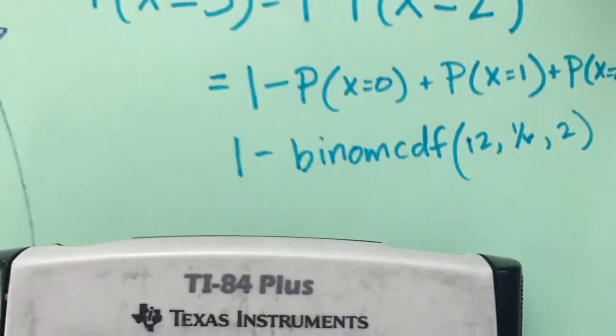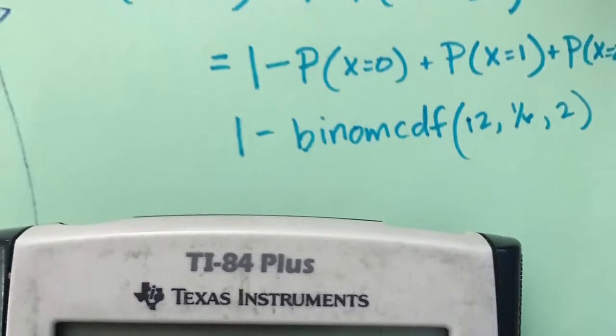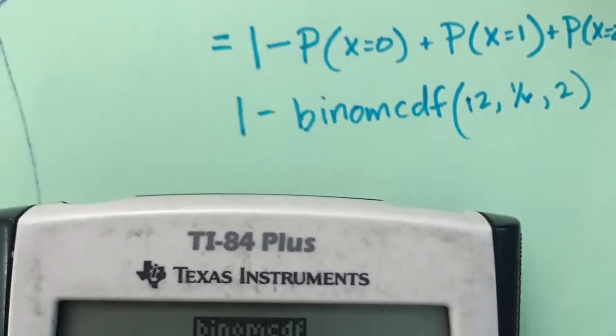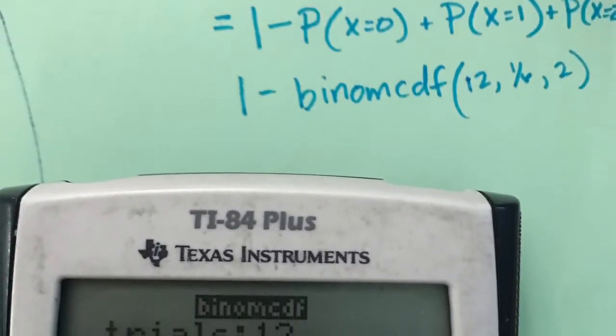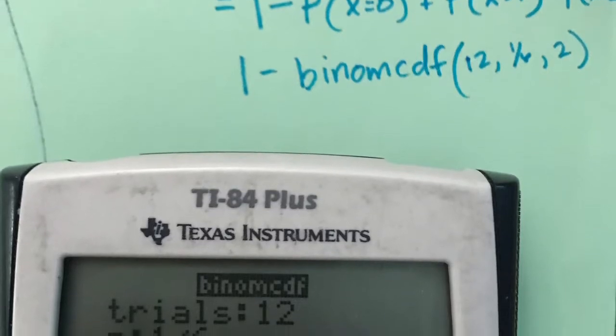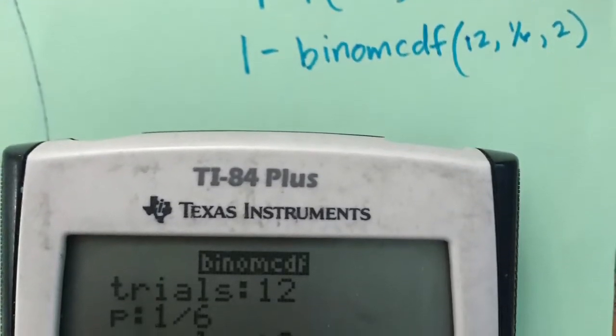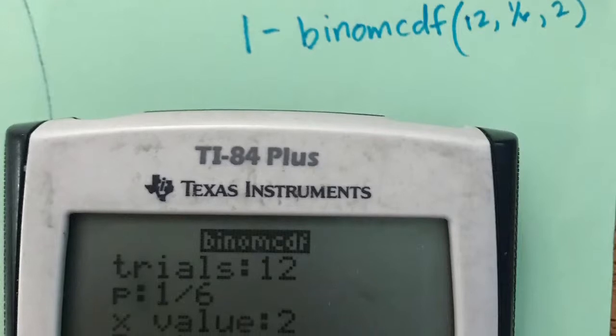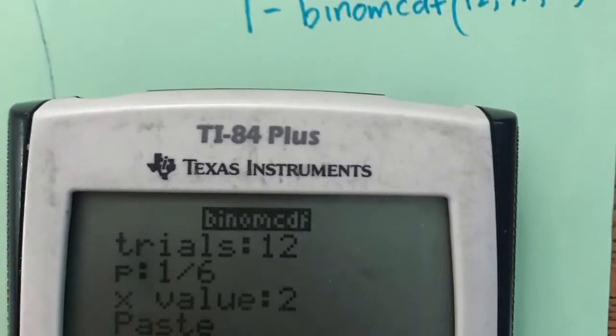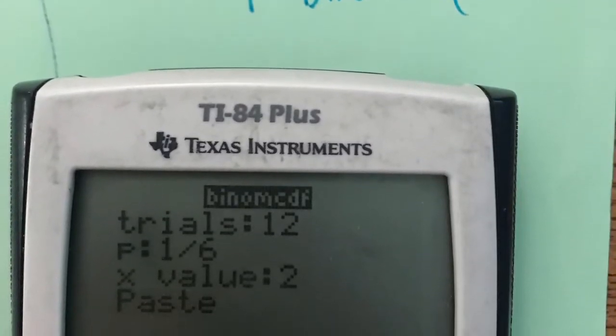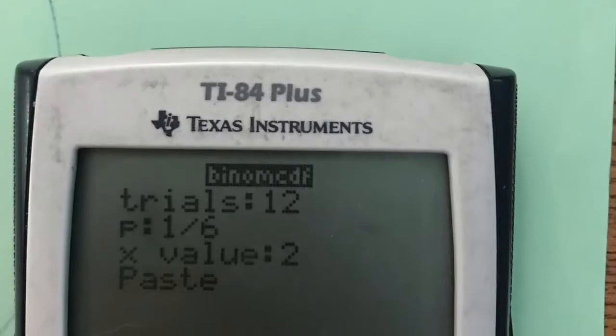Now, thankfully, when I use CDF, the calculator will do all of that math for me, so I don't have to calculate all those different scenarios, and I end up with a probability of about 32.26%.